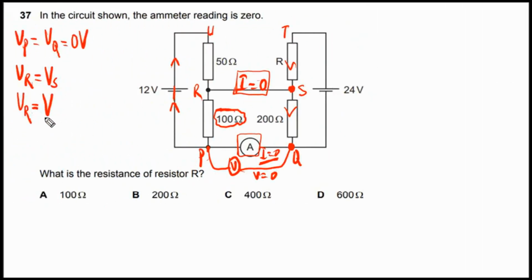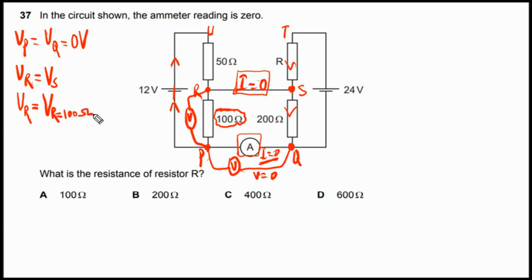It simply means that if we connect our voltmeter between these 2 points, meaning between P and R, the reading on this voltmeter will be equal to the potential at point R. Why will this be equal to the potential at R? Because point P is at zero potential. So we can simply say the potential at point R will be equal to the potential difference across the 100 ohm resistor.